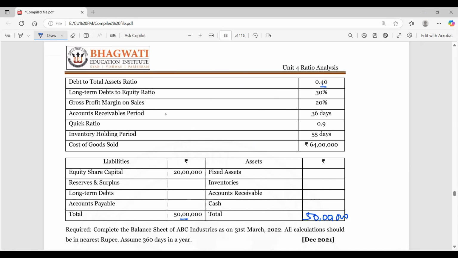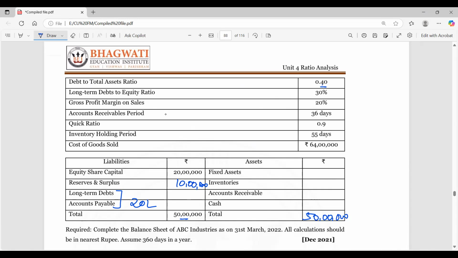What is that 20 lakh? These long-term debt and accounts payable, both put together, it is 20 lakh. Right? So what will be the reserves and surplus in this question then? 10 lakhs. Any doubt in this? Clear?